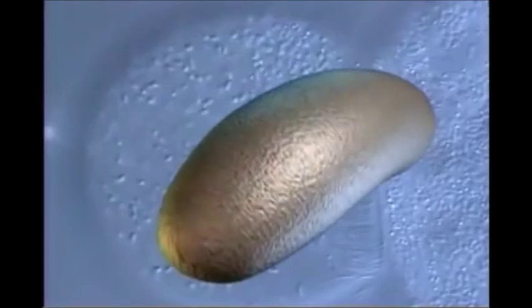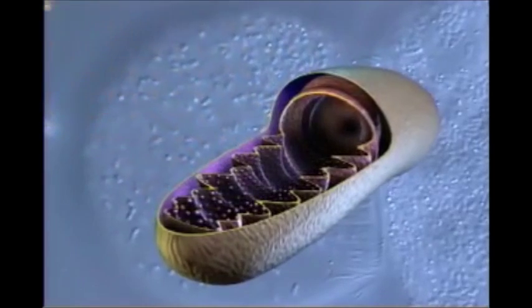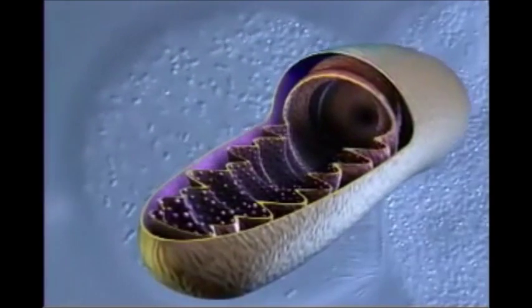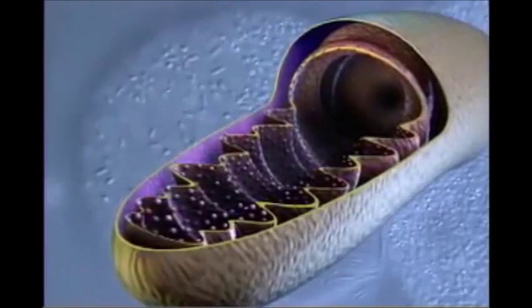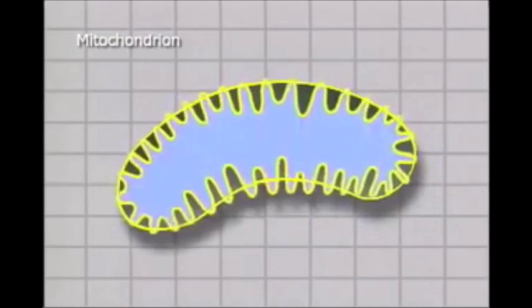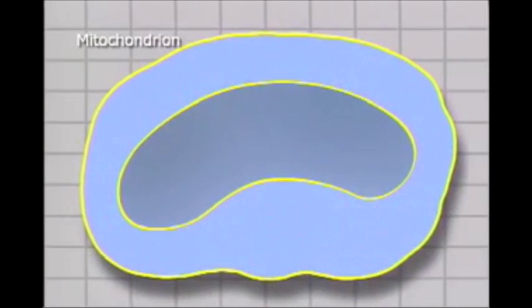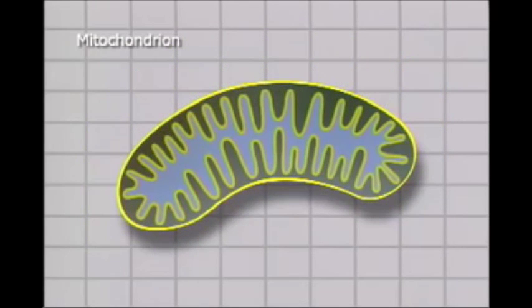A mitochondrion consists of 2 sacs made of membrane. Folds in the inner sac increase the surface area for chemical reactions that produce ATP. By breaking up mitochondria and separating out the membranes, biochemists have discovered exactly where the chemical reactions involved in synthesizing ATP actually occur.